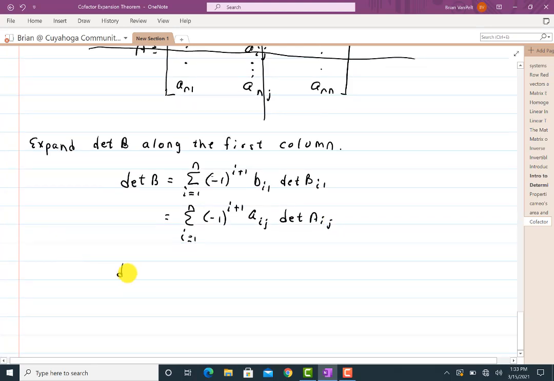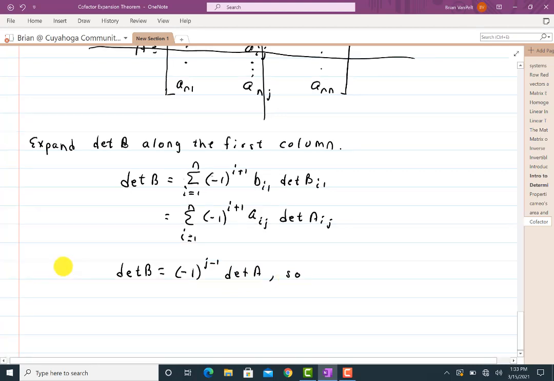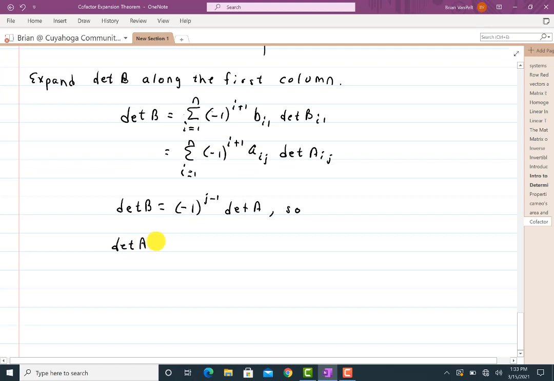However, don't forget that the determinant of B was also equal to -1 to the J minus 1 times the determinant of A. So the determinant of A equals -1 to the J minus 1 times the determinant of B, which equals -1 to the J minus 1 times the sum I equals 1 to n, negative 1 to the I plus 1 aij times the determinant of aij.